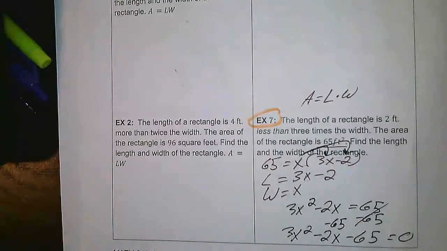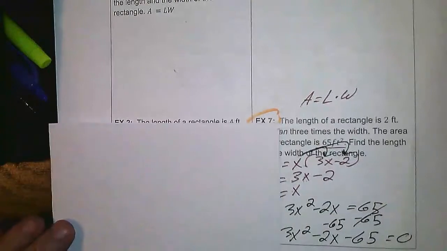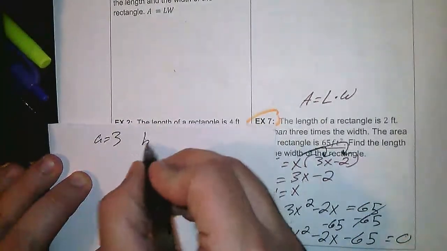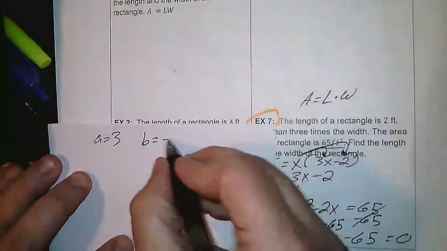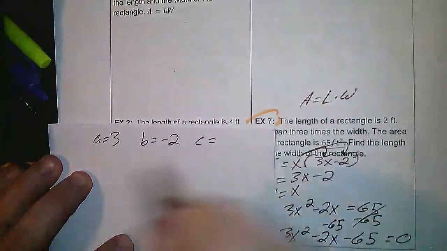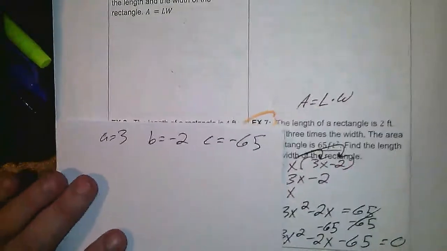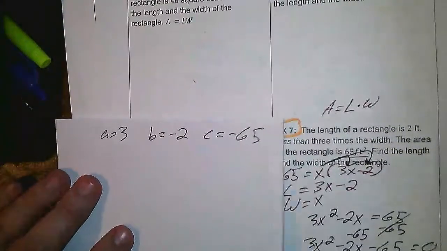Now we have a quadratic equation. I can label my A as 3, my B as negative 2, my C as negative 65. And now we are just solving a quadratic.